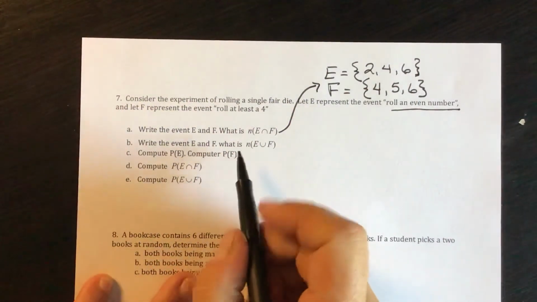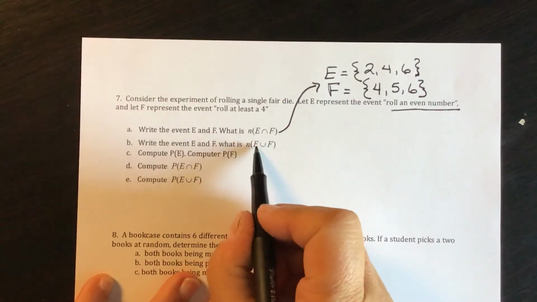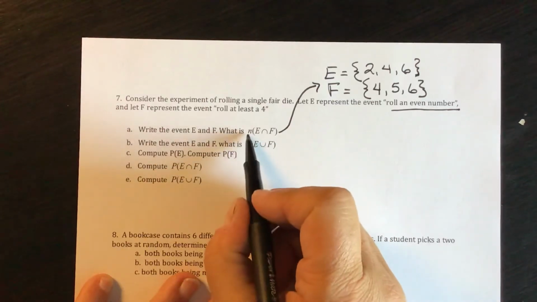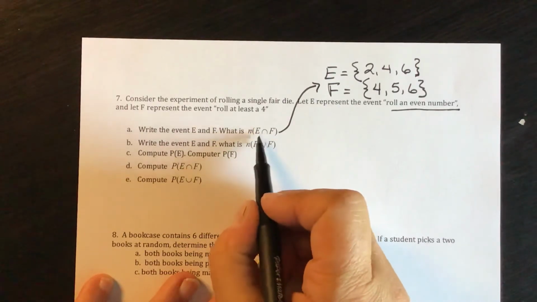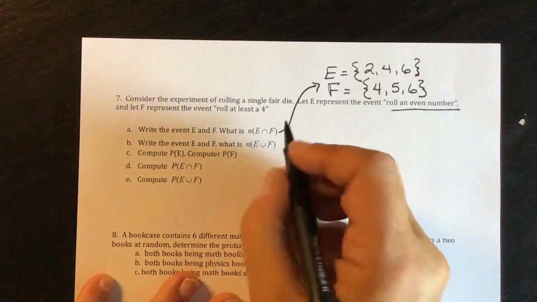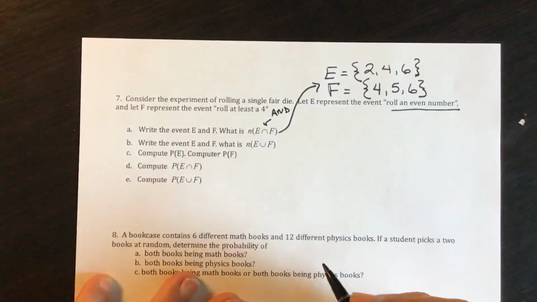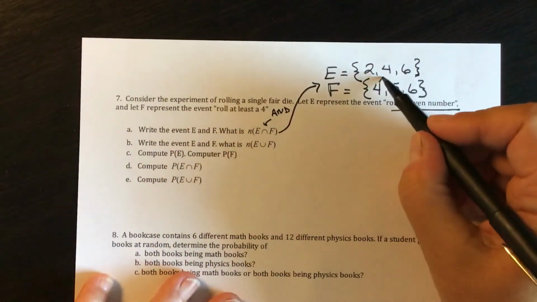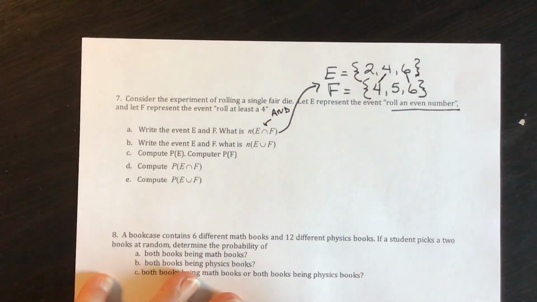In part B, we also want to find what is the set of E intersection F. So that means they have to be in set E and in set F. So we're looking at these two numbers that are in the same set.